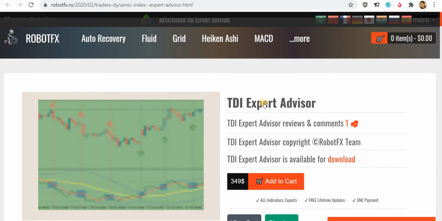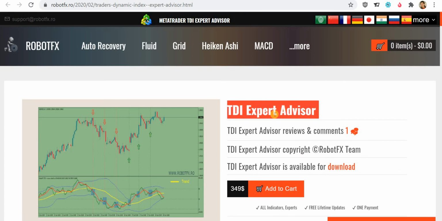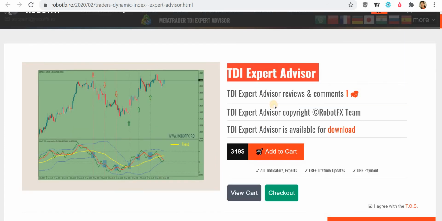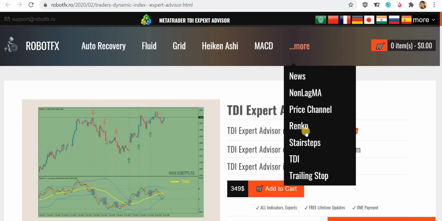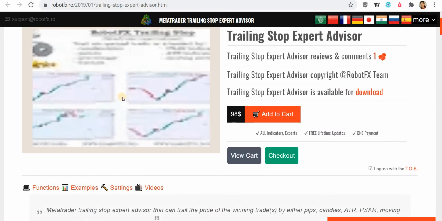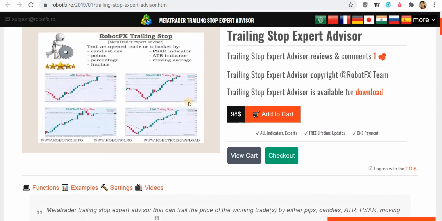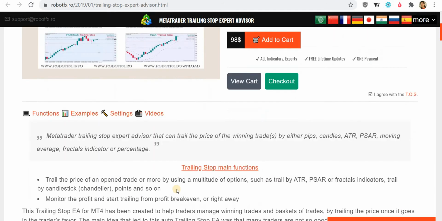The TDI expert advisor trades using the TDI indicator, based on the famous Traders Dynamic Index. Then the trailing stop expert advisor can trail the price in various ways and indicators like pips, candles, the so-called chandelier method, ATR, SAR, moving average, fractals, and so on.